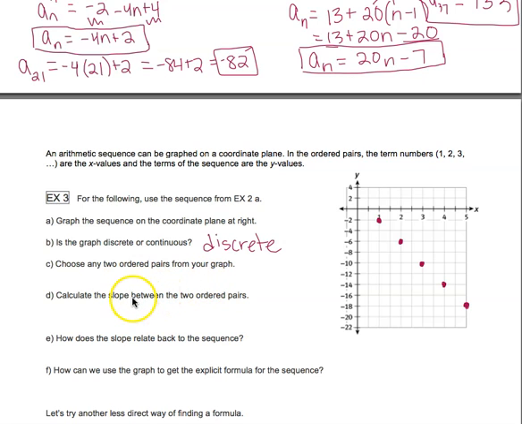So now we're going to choose any two ordered pairs from our graph. It does not matter which ones you use. So I'm just going to go ahead and choose the first two. So I've got 1, -2. And then I've got 2, -6. The next thing that we want to do is to calculate the slope using our y minus y over x minus x.